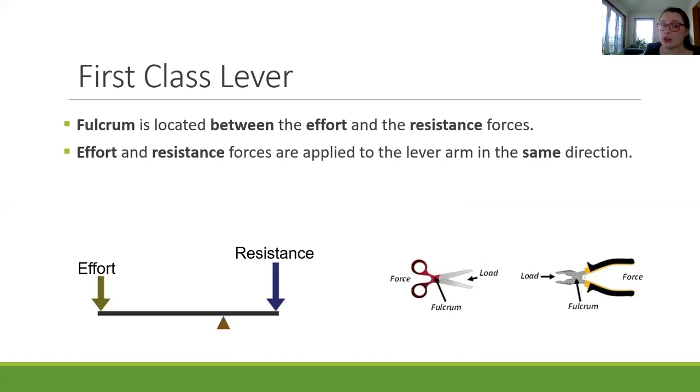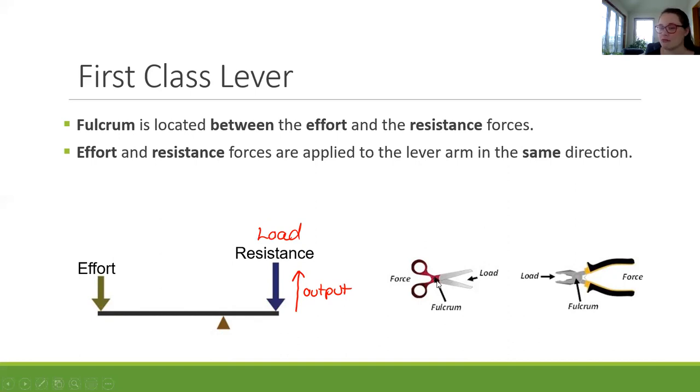So a first class lever, the fulcrum, that's the pivot, is between the effort force and the resistance or the load. Okay, so it's in between. The effort pushes down and the load pushes down, but when I push down with my effort, output is up. Output is always equal and opposite to the resistance force.